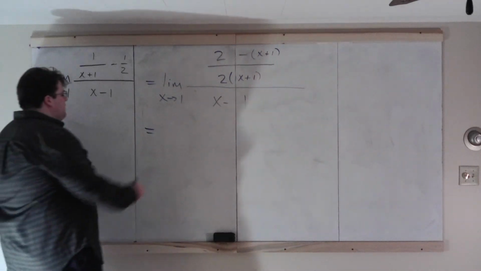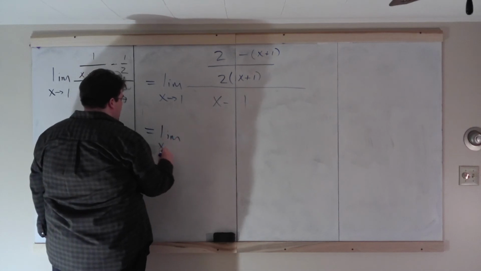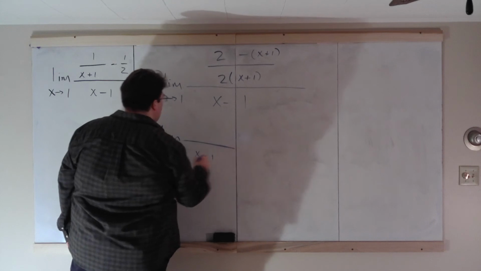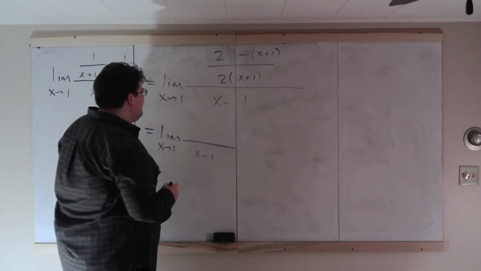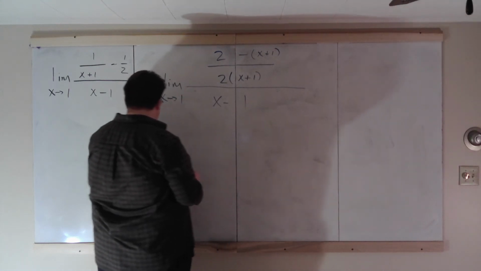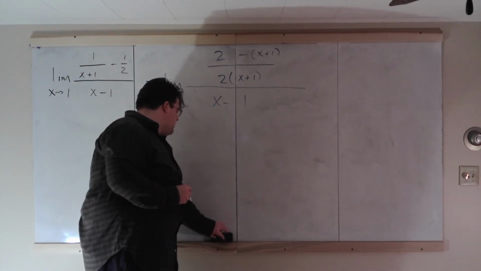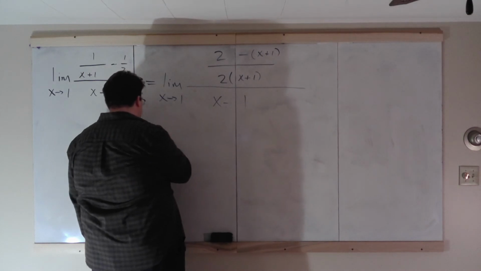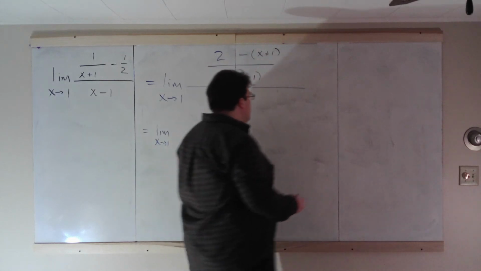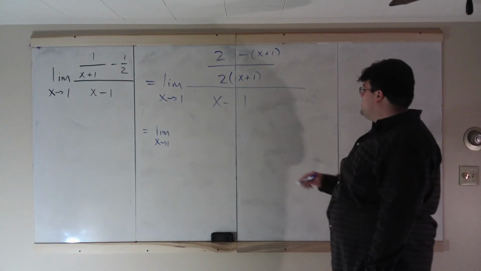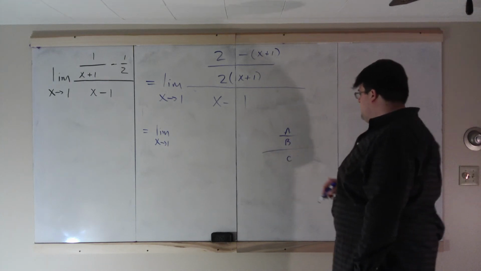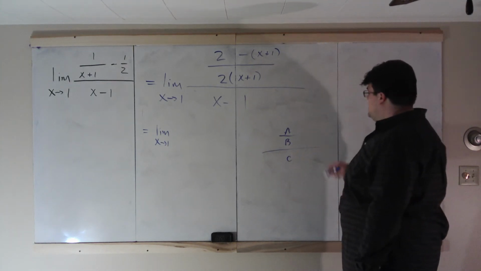Well, let's still leave that denominator as it is. Actually, let's not do that. Let's get rid of that denominator. How can we simplify it? Well, we can remember the fraction rule.